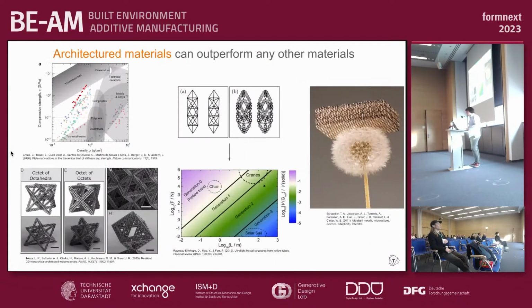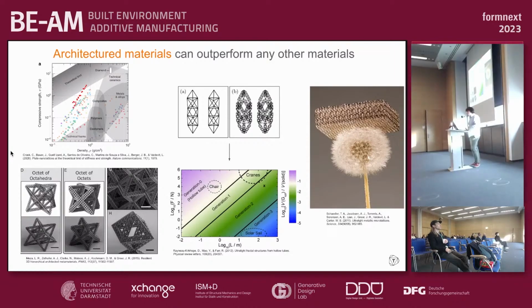If you look at the literature of the past, let's say, 20 years, architectured materials have been all the rage. You can find a lot of papers making a case of architectured materials being the best material ever, the most efficient, the lightest, the strongest, the stiffest.